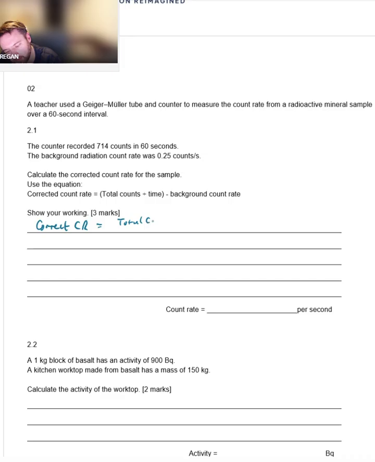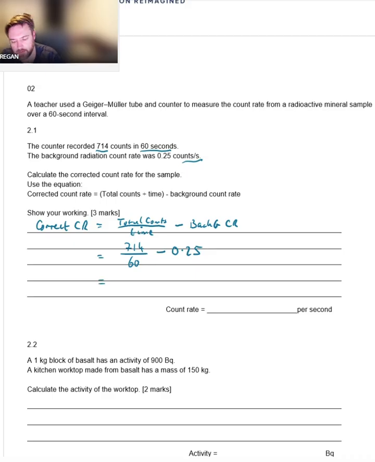So total counts over time, and then minus background count rate. Okay, so we have total counts is 714. Time is 60 seconds. Our rates are per second, so we're good with keeping it seconds. And then minus 0.25, which was our background count rate.